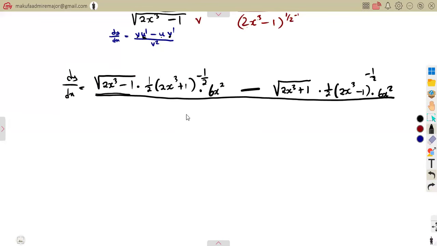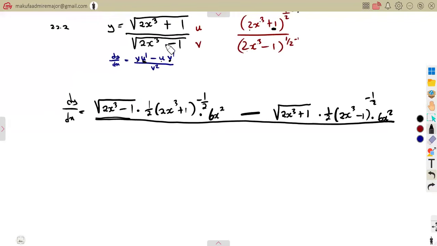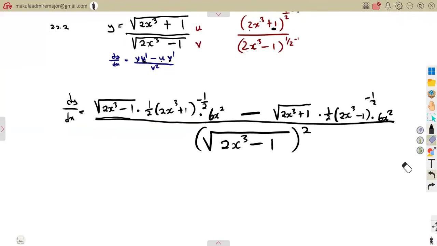Our v, remember, is the square root of this part, so it is the square root of 2x³ − 1, everything squared. That's v squared. Since simplification is not required, you can leave it like that.